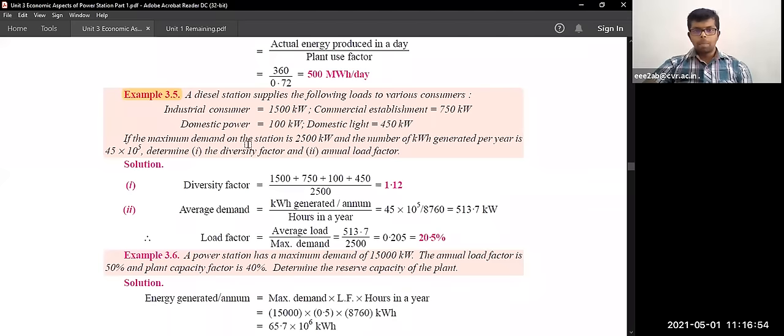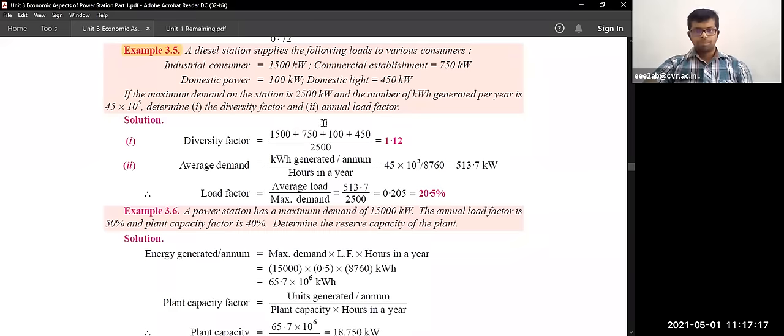If the maximum demand on the station is 2500 kilowatt and the number of kilowatt hours generated per year is 45 into 10 to the power of 5, determine the diversity factor as well as the annual load factor.